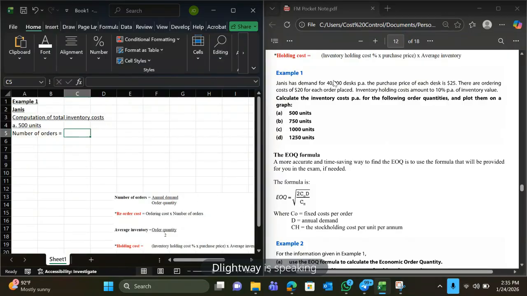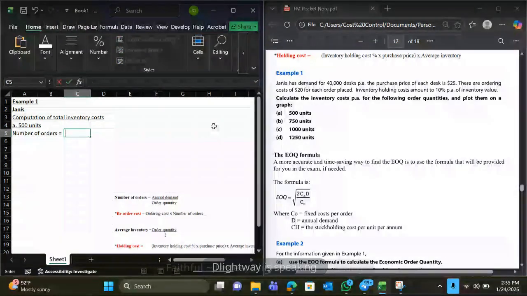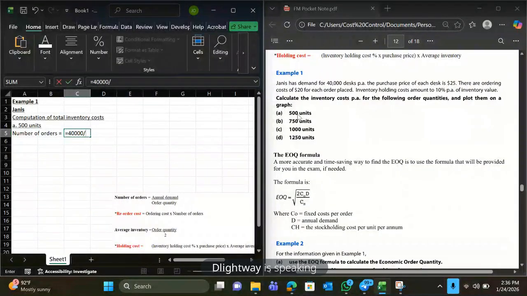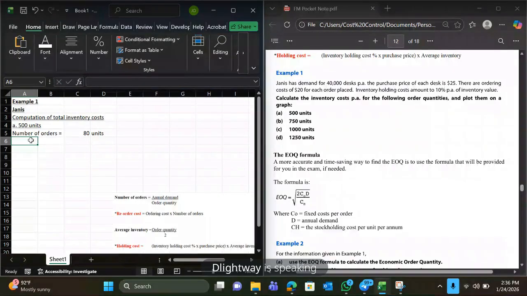So what's our annual demand? 40,000, right? Divided by the order quantity. What's the order quantity? We are ordering 500 units. Don't forget, 500 units. So that means this is 80 for the number of orders. Now we've calculated the number of orders.